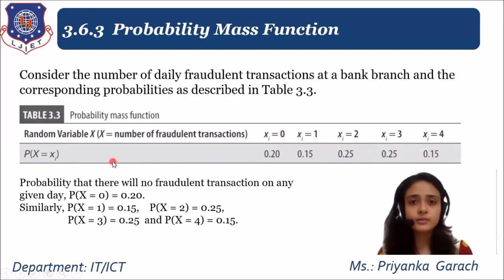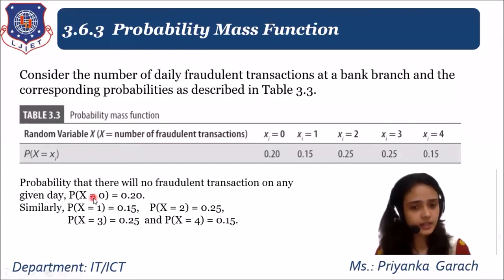That is your probability mass function. You can read this table like this. The probability that there will be no fraudulent transaction on any given day is 0.2. On a given day, suppose only one fraudulent transaction occurs, then what is the probability of that?